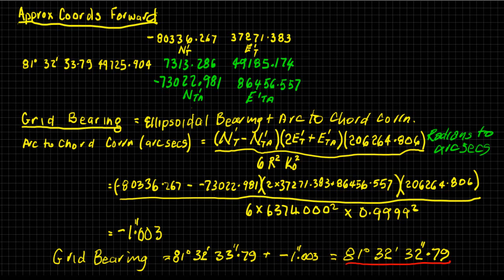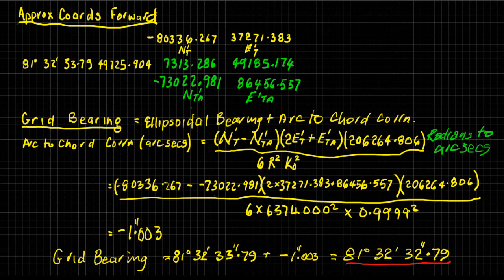Then using those, we're going to work out the arc to chord correction, and we feed that information into the calculation shown. Note the 264.806 we're multiplying by at the end to convert the radians to arc seconds. I've filled in all the values there, and surprise surprise, we get the answer of minus 1 second.